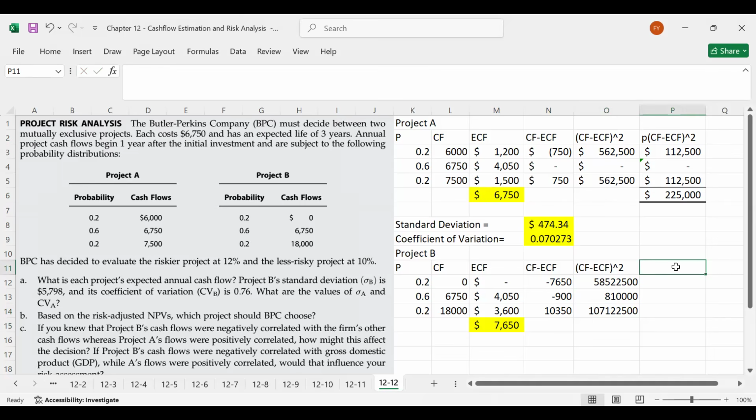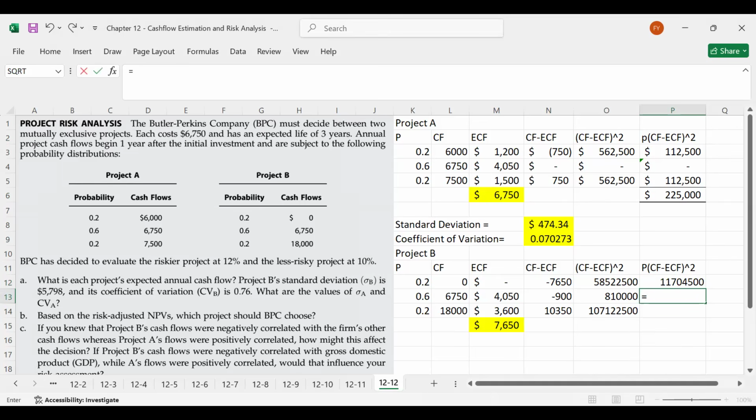Now, in the next step, we are going to multiply this with probability. So we are going to copy it, and multiply it by its probabilities. So these are the probabilities, which is 0.2 multiplied by 58, here we have 58522 in the first case.